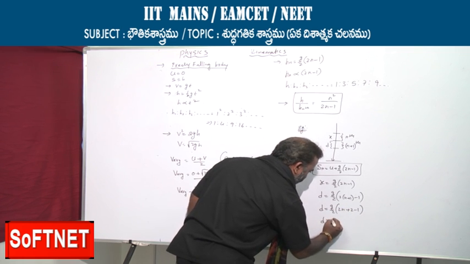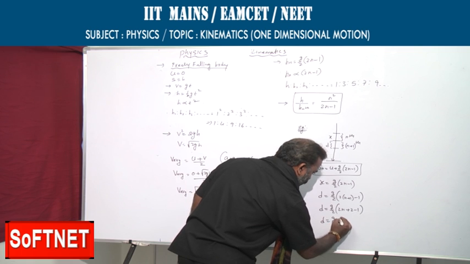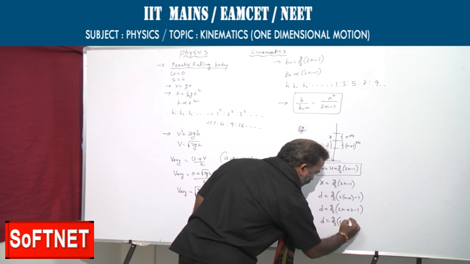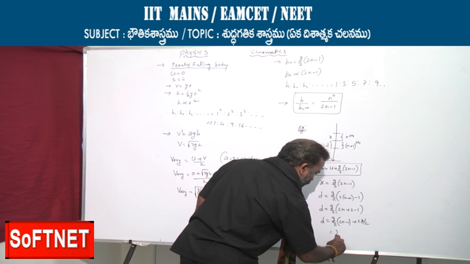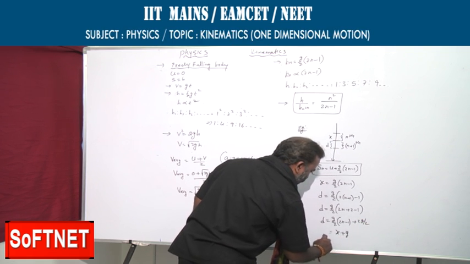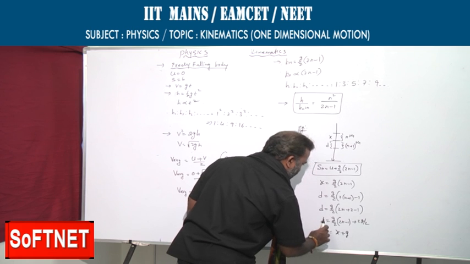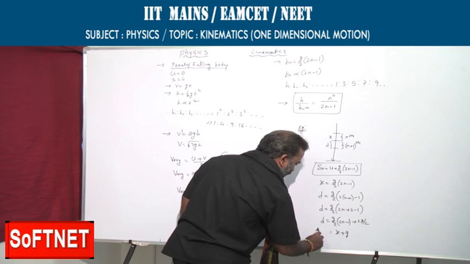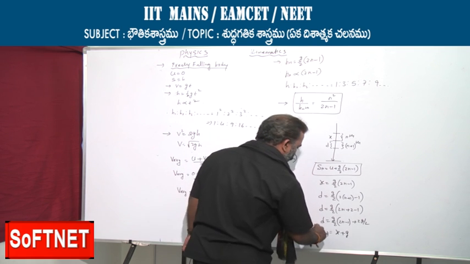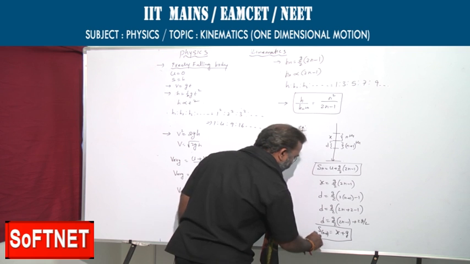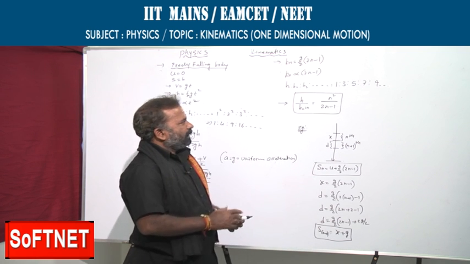Now I will split it: g by 2 into 2n minus 1, plus 2 into g by 2. So this will become x plus g. This is the distance covered in which second? n plus 1th second.